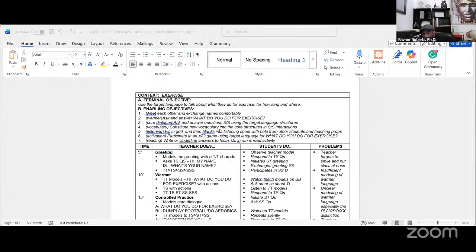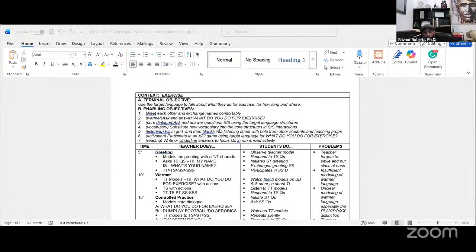After we consider the context and the problem around the context, or the problem could be the context, we want to think about our objectives. Now, there are two types of objectives. There's a terminal objective and then an enabling objective.